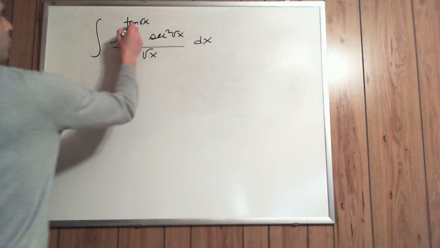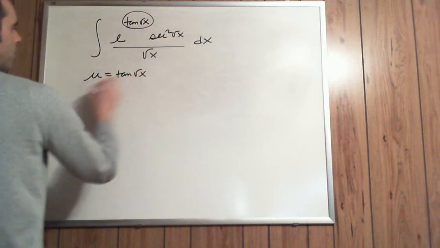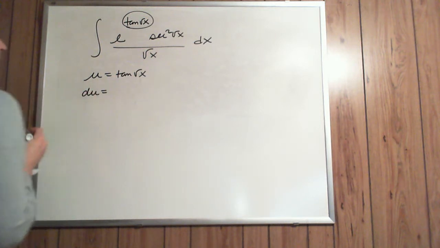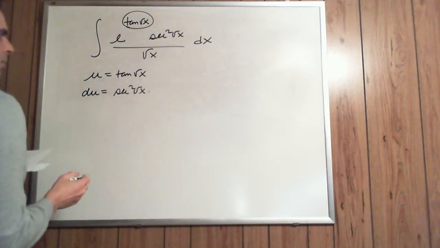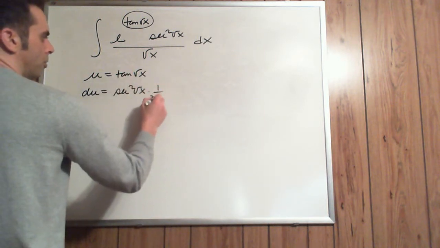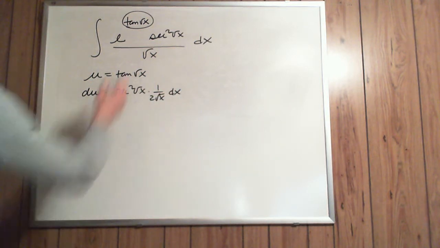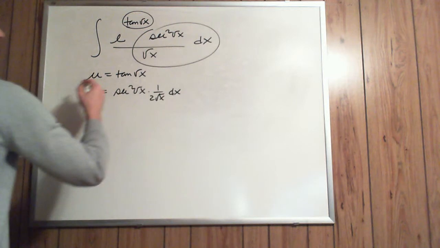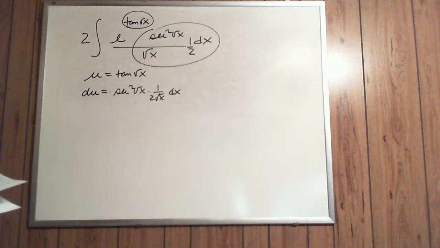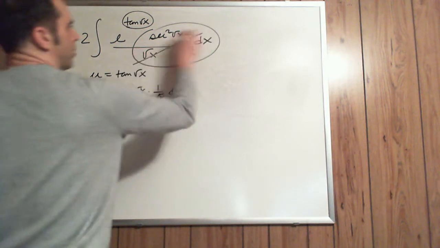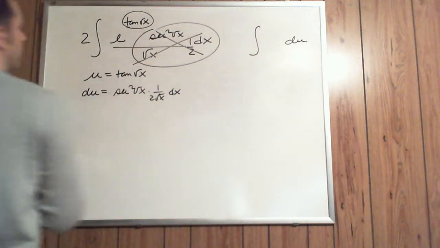If you think about just choosing u again to be the exponent, tangent of root x, du is, the derivative of tangent is secant squared root x times the derivative of the inside, which is 1/2 root x dx. So you've got all of this in the integrand, provided that you put in a 1/2 and take out its reciprocal, which is 2. So then all of this would become the du, indefinite integral.